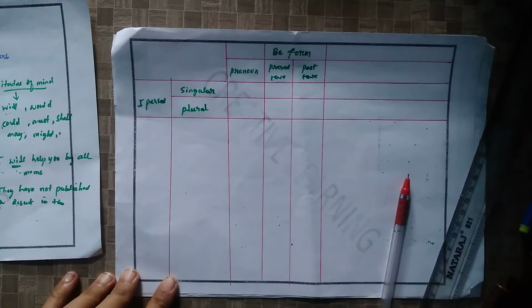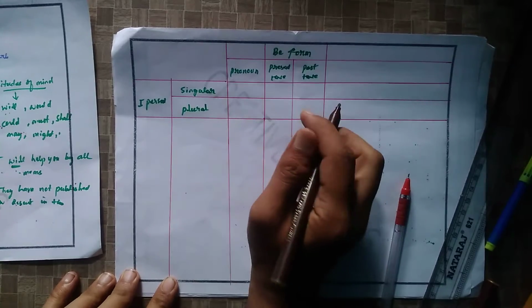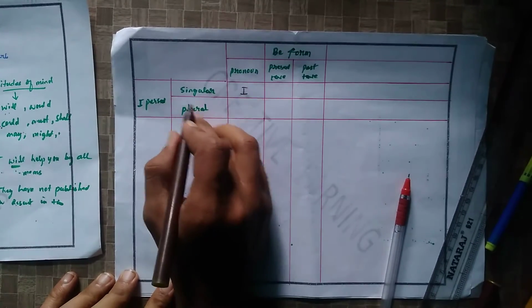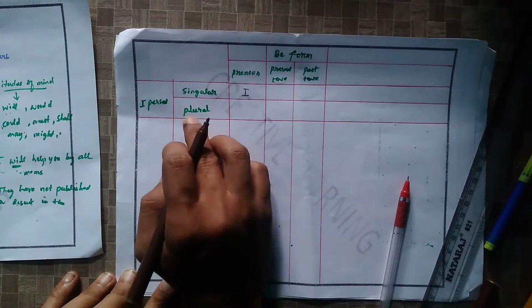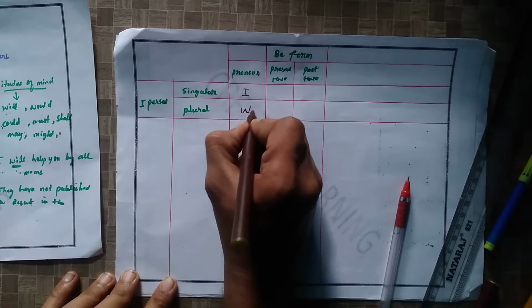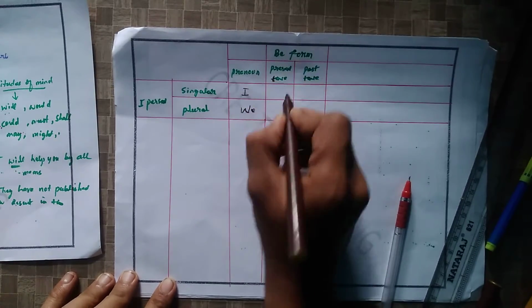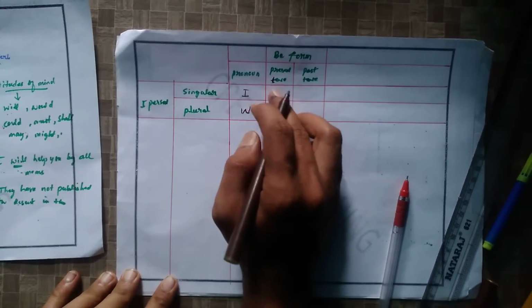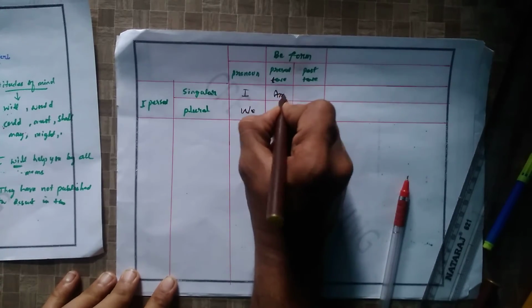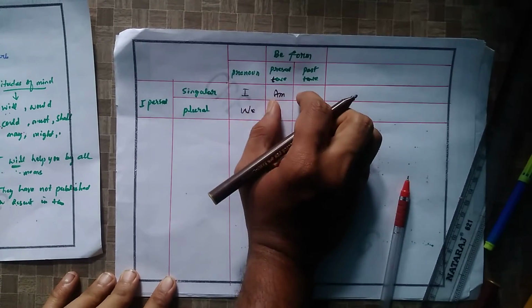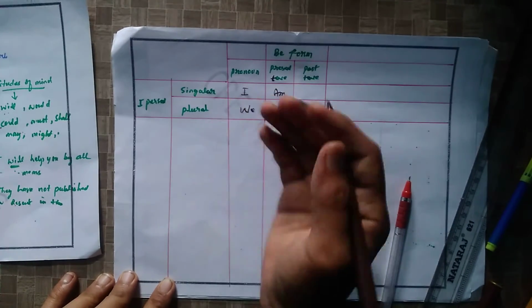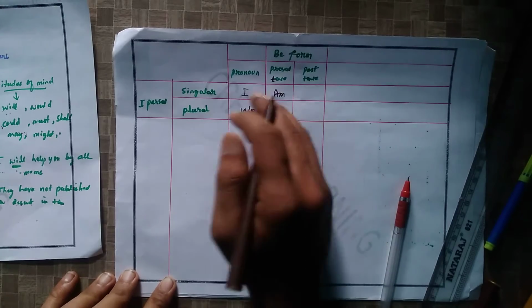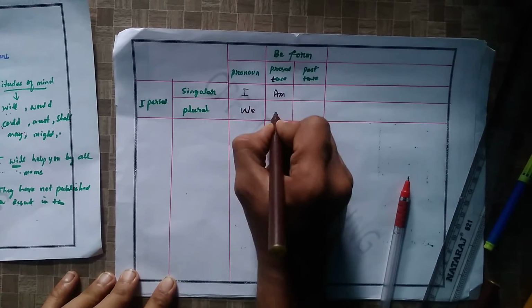In be form, first for first person singular we choose I, and for many persons we choose we. In present tense, I becomes am. In present time, we use I with am in order to start the sentence. Next, we becomes are.